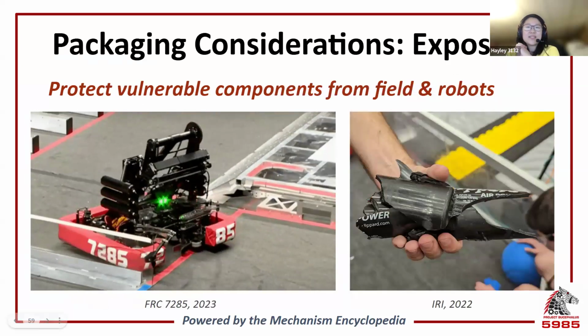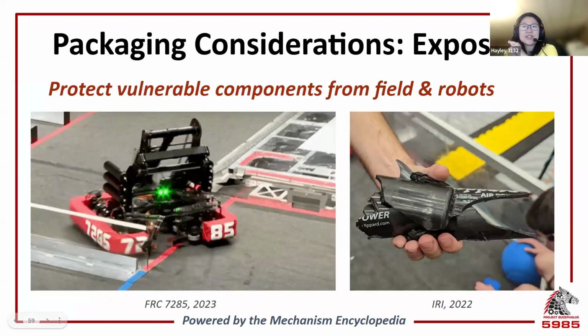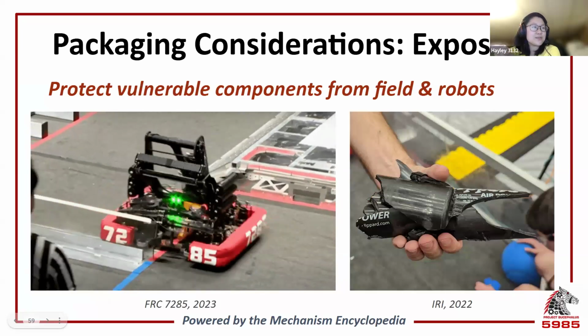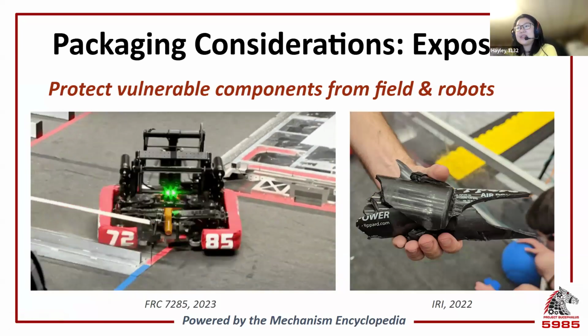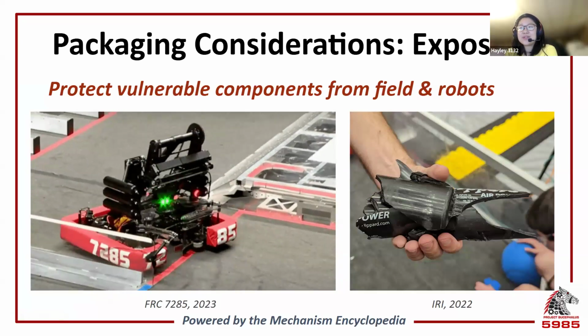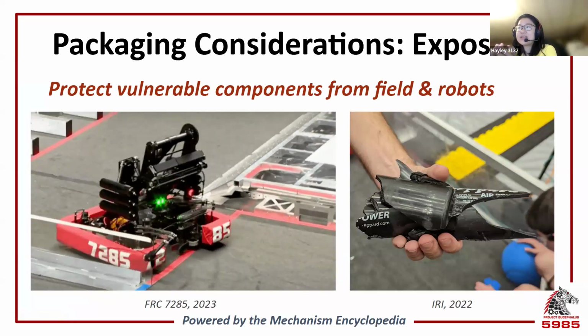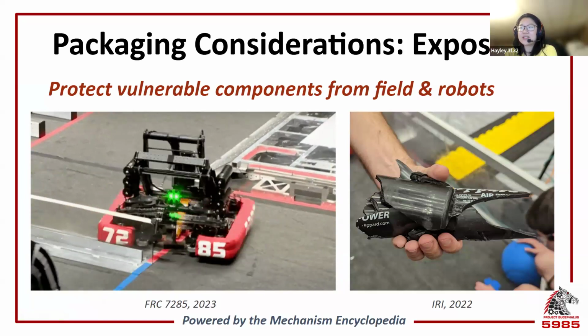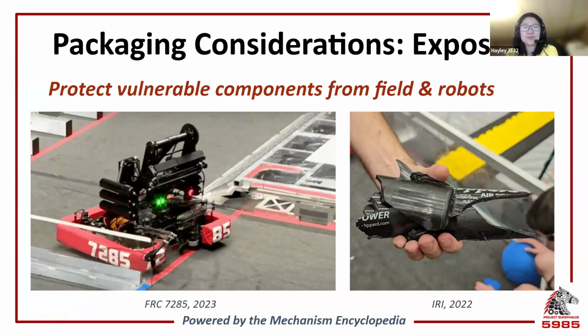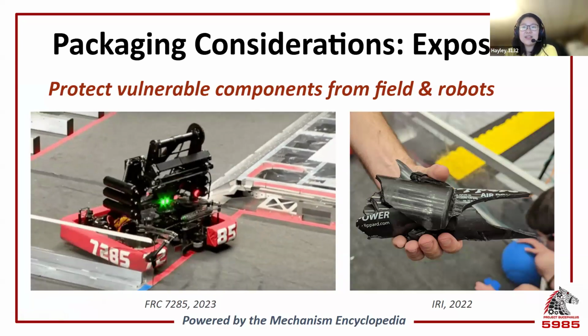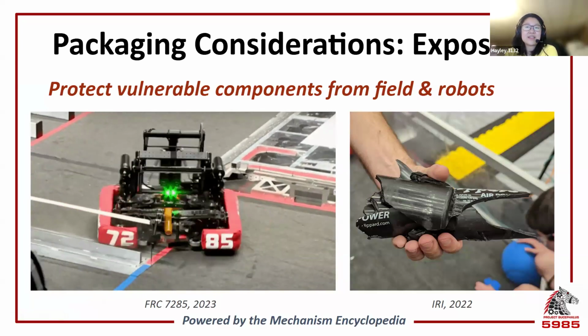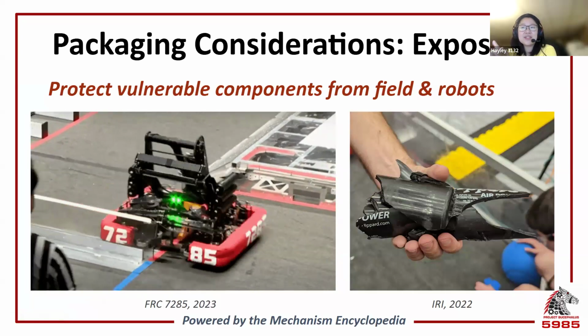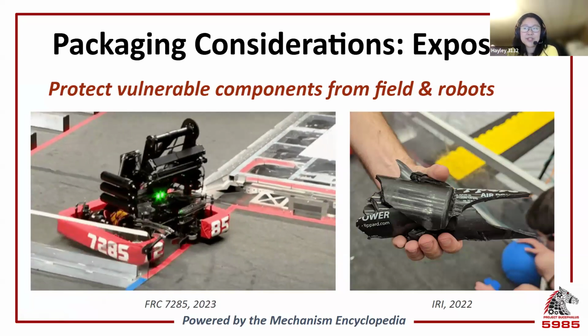When you're designing an FRC robot, you also need to consider how moving parts interact with other systems. You need to make sure that nothing gets in the way of your other mechanisms during the match, and this is especially important for intakes, arms, and climbers that frequently move in and out of the robot's frame perimeter. During matches, the robot's inevitably going to be exposed to external hazards such as field elements or collisions with other robots.